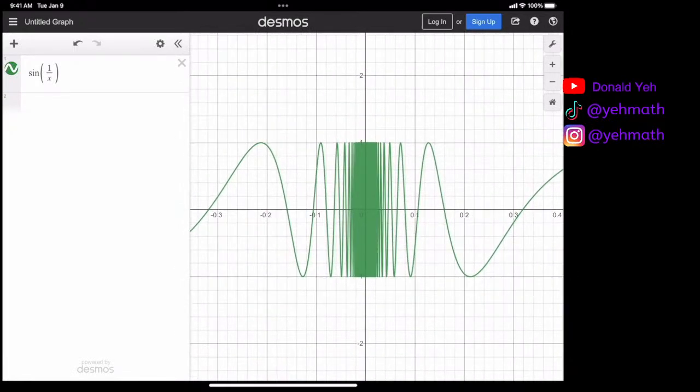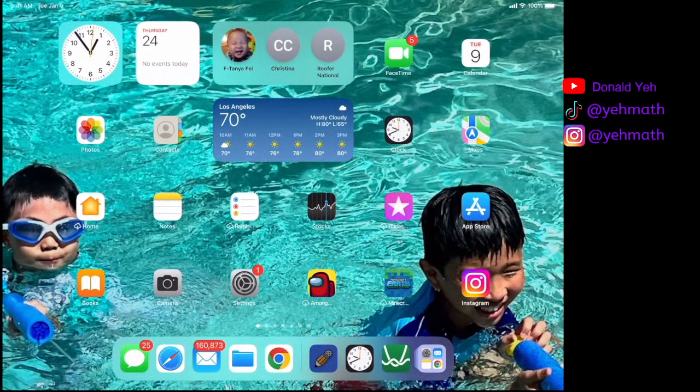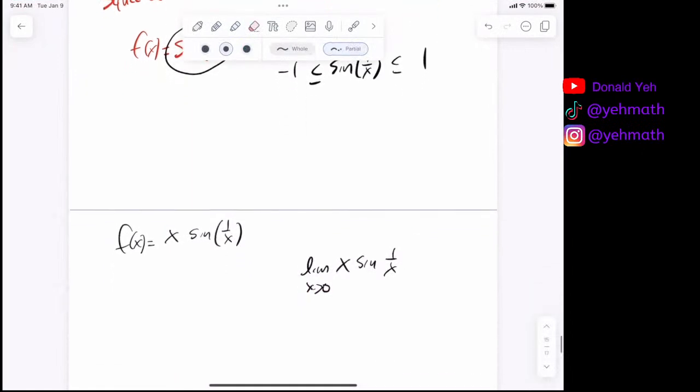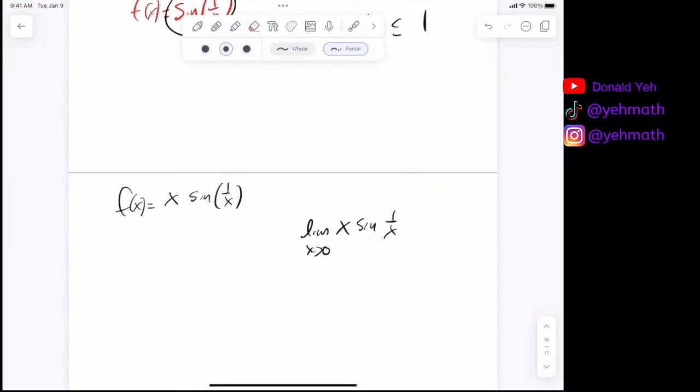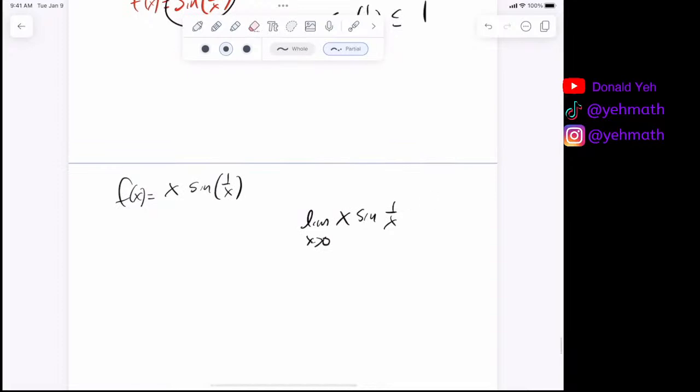It's just oscillating. But what I propose today is a bit different. I'm going to change the function just a tiny bit. What happens if I put an x in the front? Limit as x approaches 0 of x sine of 1 over x is equal to question mark.